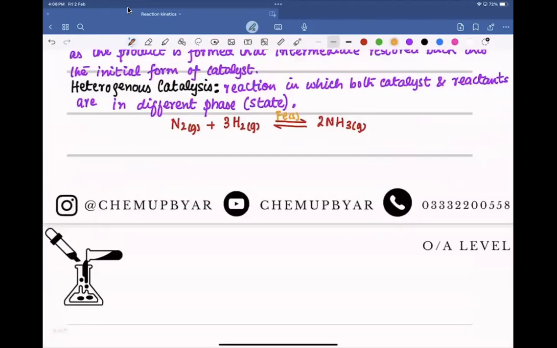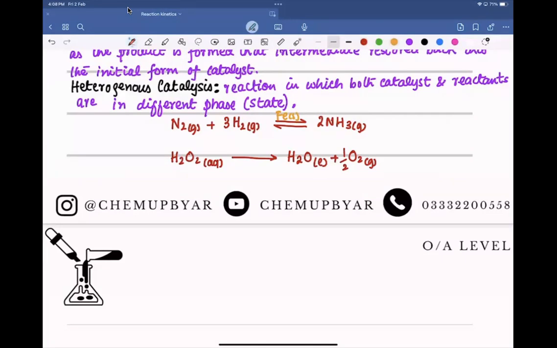Another example is hydrogen peroxide, and it's in aqueous state. It decomposes to give water and oxygen gas. To balance the equation, I have to put a half over here.